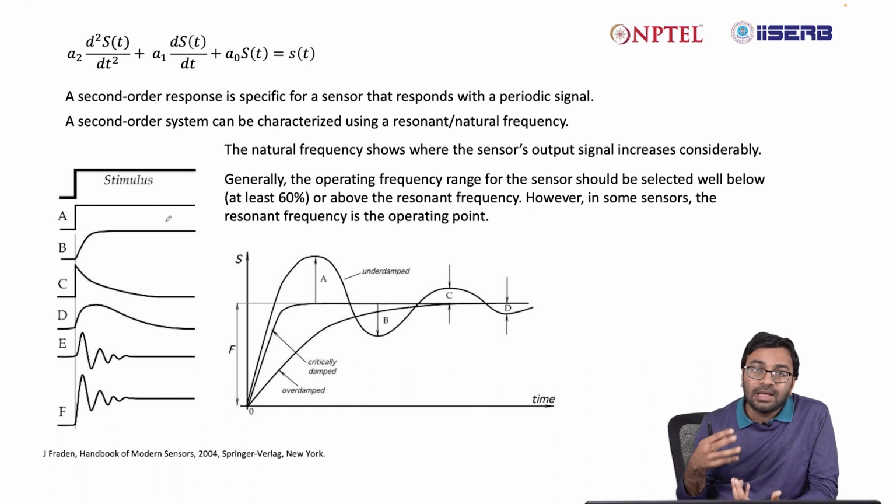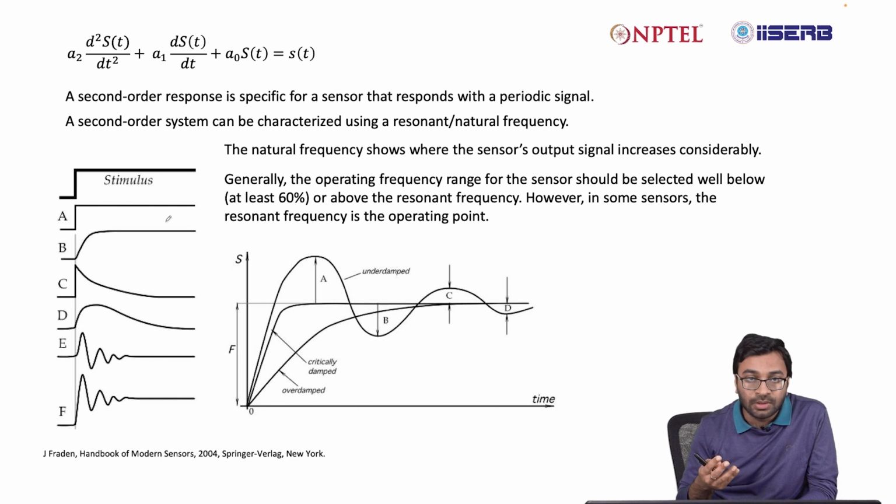However, there are certain applications where you will choose a resonant frequency, because in that case you may get the maximum benefit from the sensor. For example, say if you take an application of glass breakage, which is usually used in security systems. So you want to detect the glass breakage.